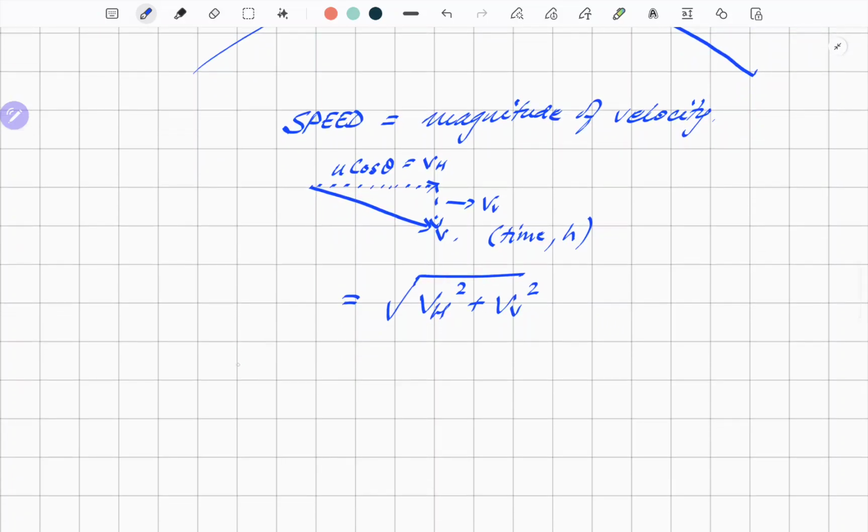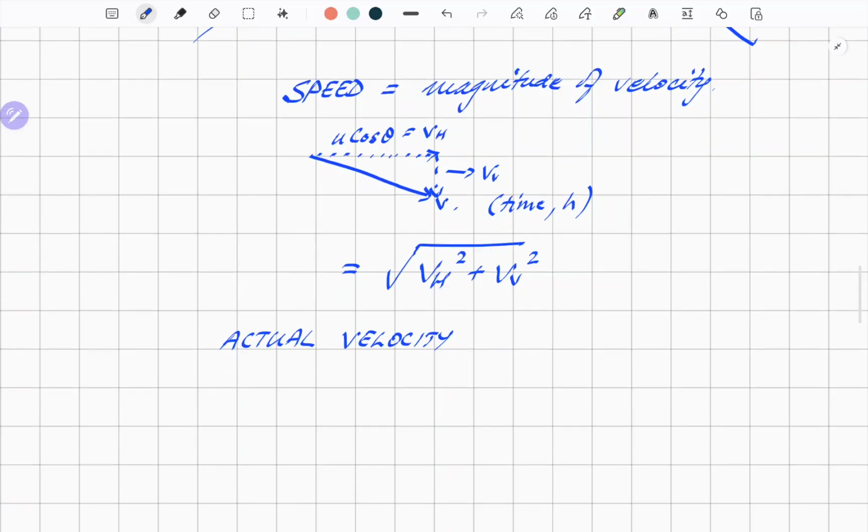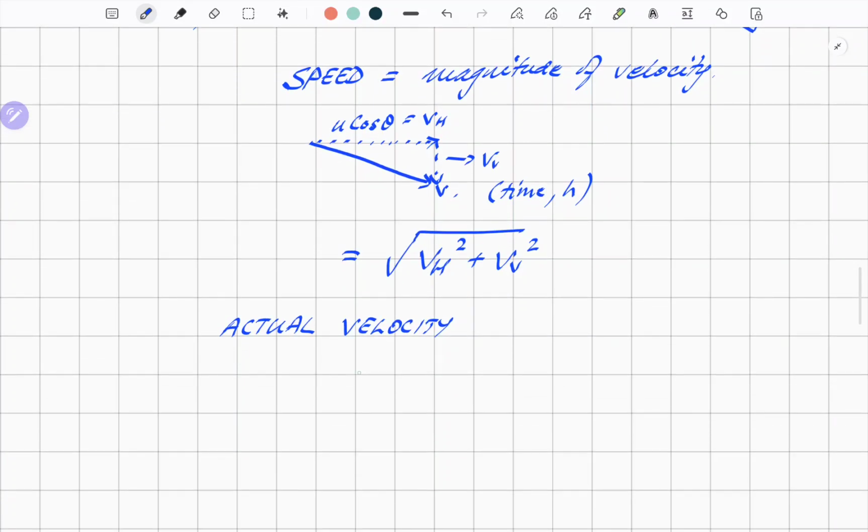And in terms of finding the actual velocity, not the components, it's sort of like what I've just explained there. The horizontal component is the same, as we've just said.